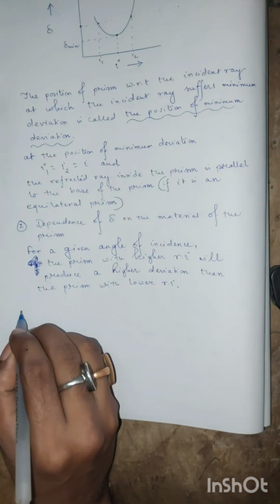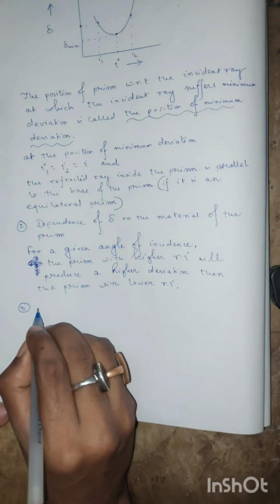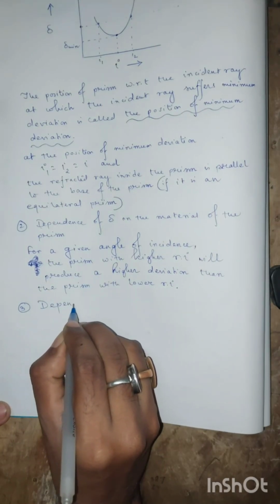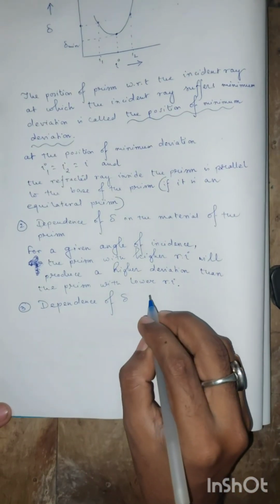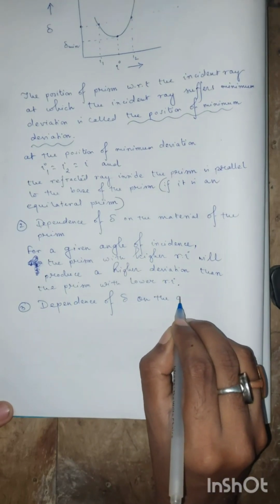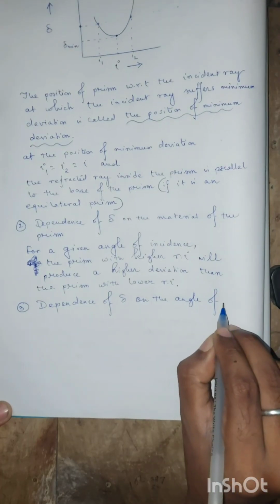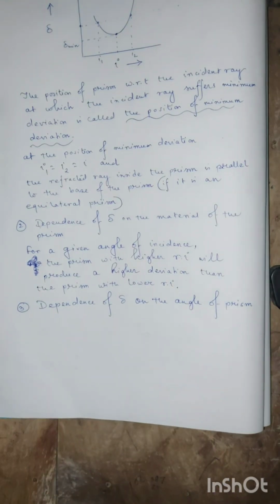Number 3. Dependence of delta on the angle of prism.